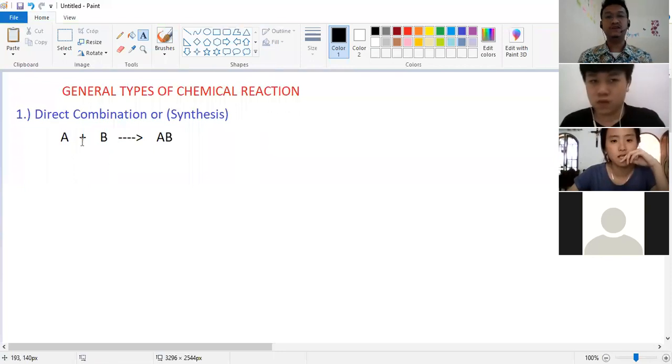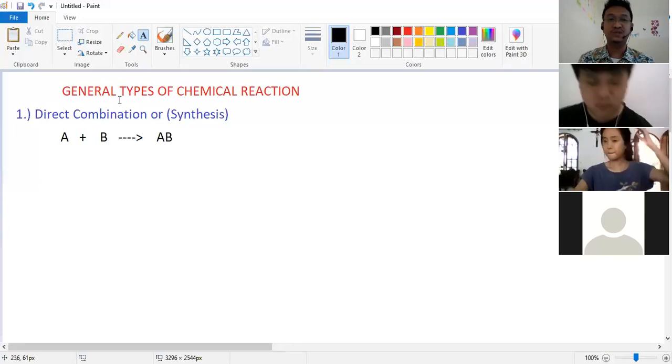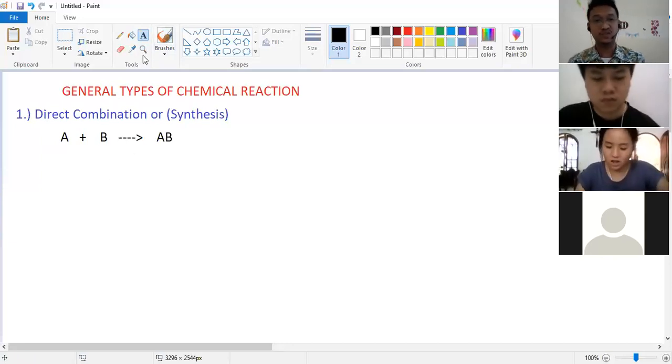So what have you noticed in this pattern? You have simple substances, A and B. These two simple substances will combine. You synthesize them by combining them, and you will form a new substance. That new substance is the combination of the reactants that are considered simple substances. So this is the pattern that makes it a direct combination reaction.